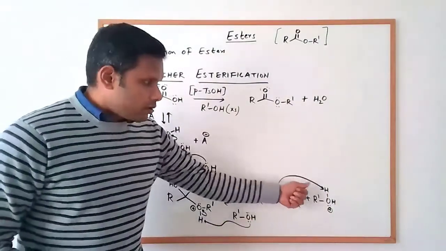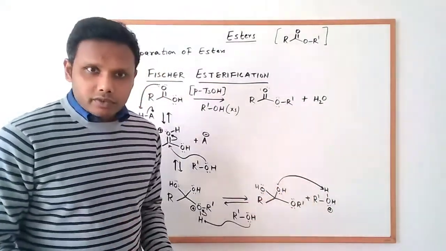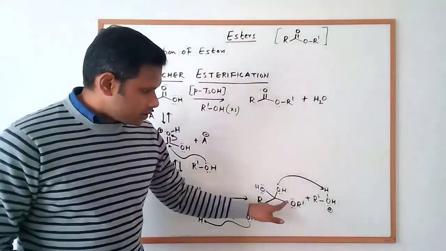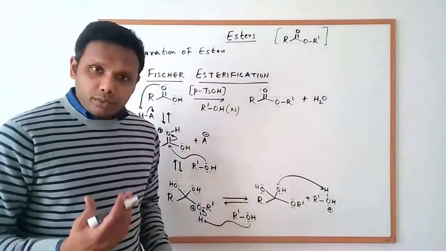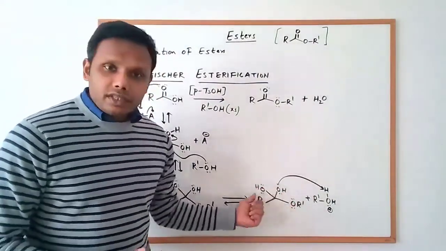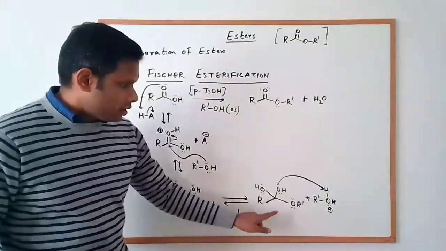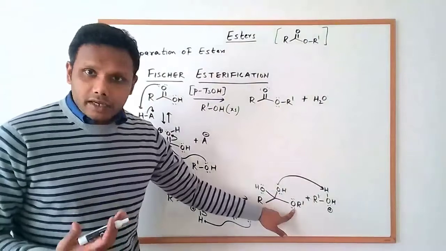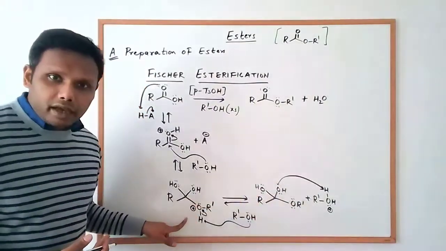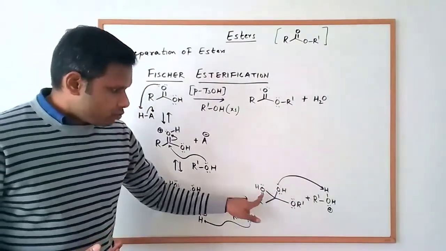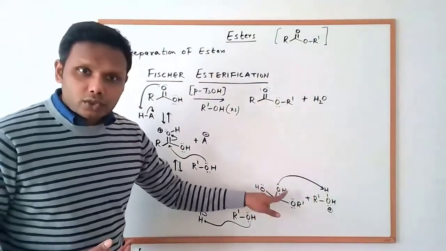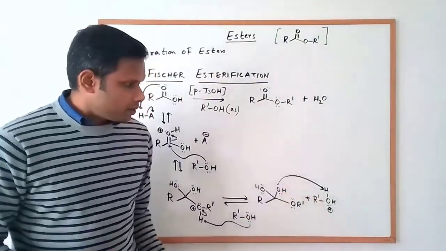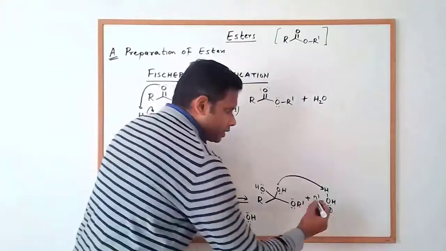Again, which one you choose is irrelevant. There are 3 oxygens in this intermediate. In principle, any of these oxygens can get protonated. If the ether oxygen here with the OR gets protonated, that brings us back to the previous intermediate. But when one of these 2 hydroxyl groups gets protonated, it will move the reaction forward.